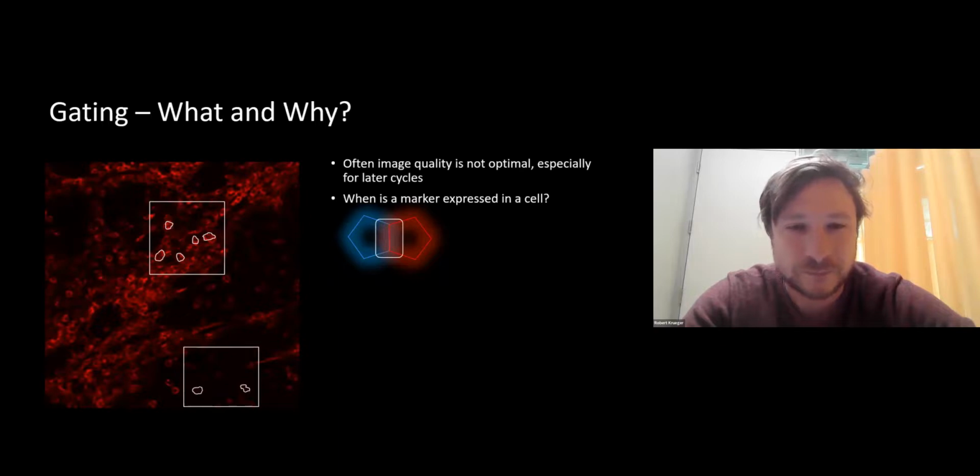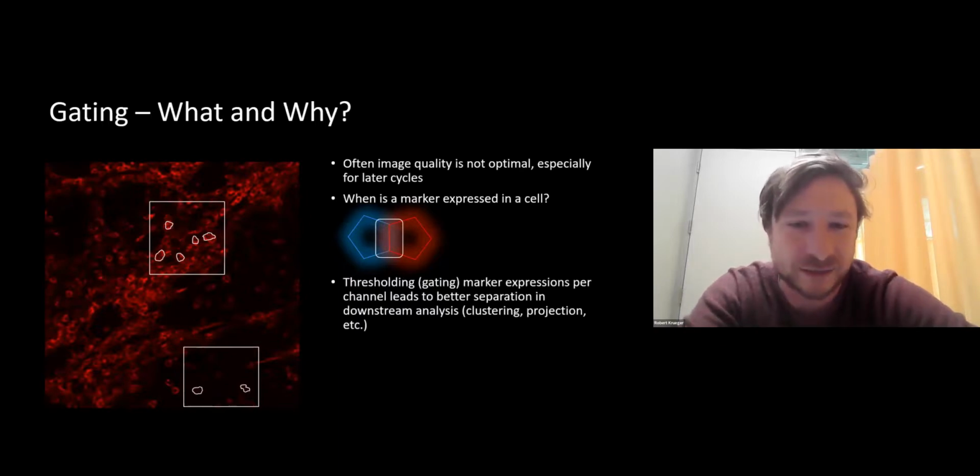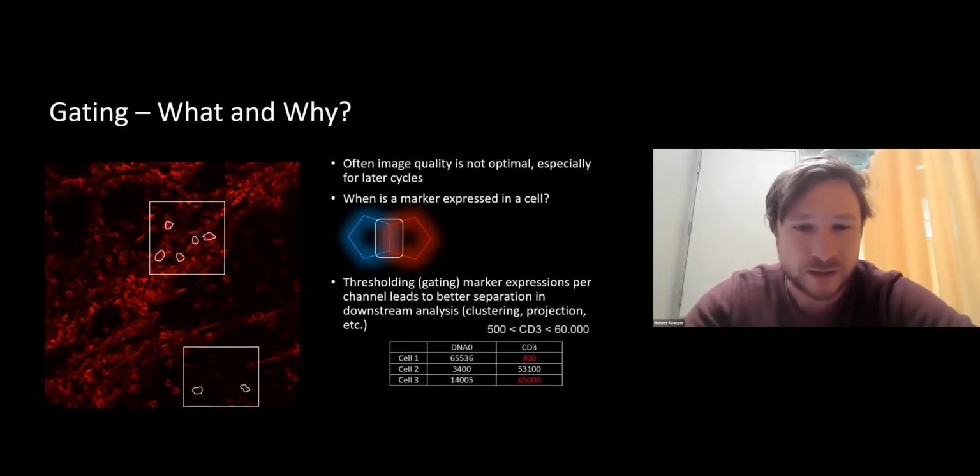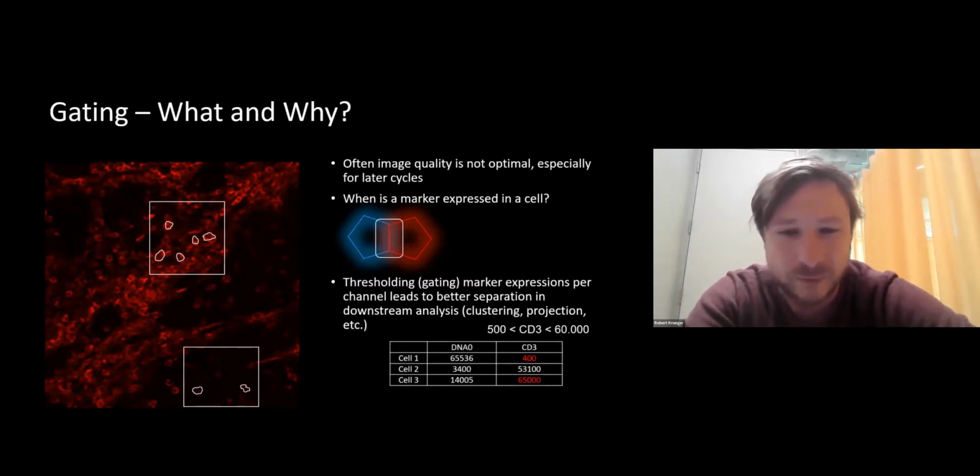And to counter that, we want to support a process called gating, where we threshold what ends up in this data table depending on the marker expression levels. This is a data table, and it's pretty simple: for one channel here, for CD3, we could set a filter and say we only want to consider intensity values in the image that are above a certain level and below a certain other level.